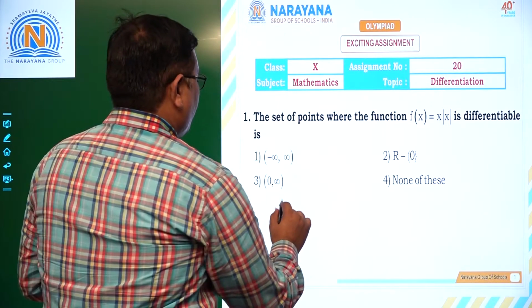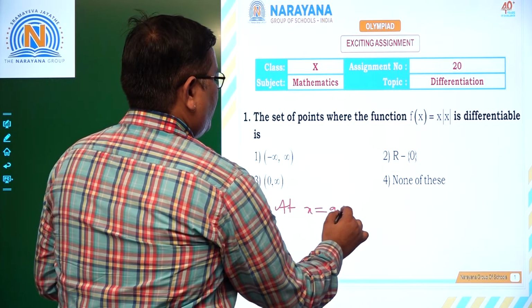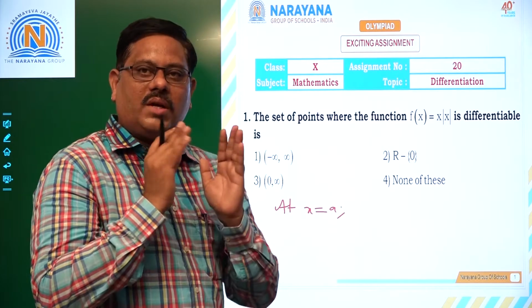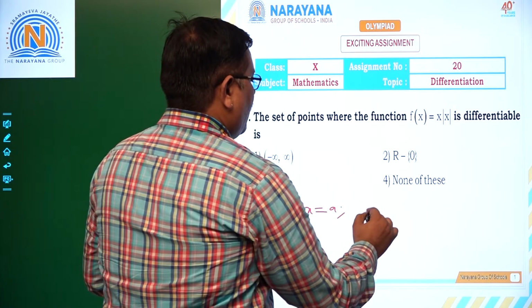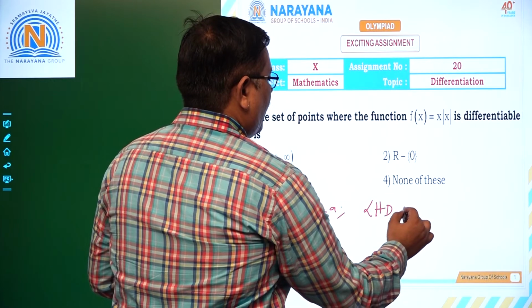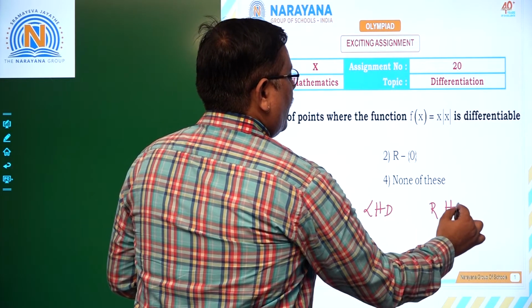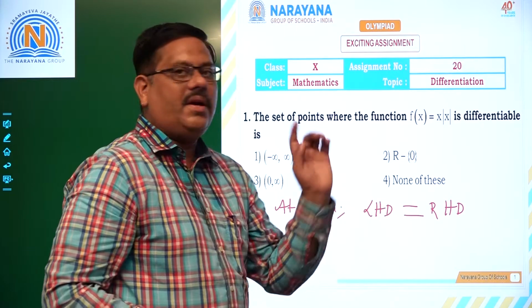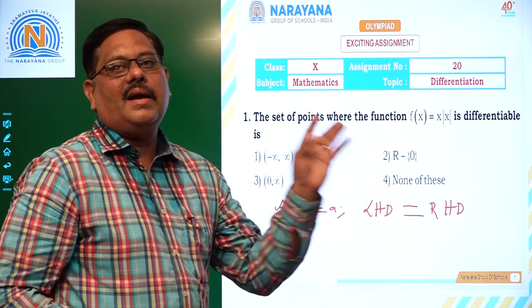Suppose at point a, we are observing a function f of x, whether it is differentiable or not. What is the test? We have to find out LHD and RHD and prove that they are equal. What is LHD? Left hand derivative. What is RHD? Right hand derivative.